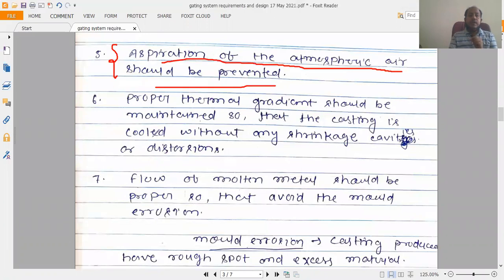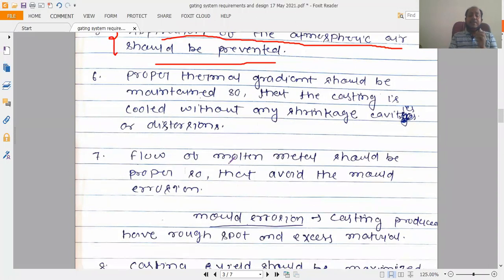The next thing is that a proper thermal gradient should be maintained, so that the casting cools without any shrinkage, cavity or distortion. For every casting, in the drag part and cope part, the thermal gradient should be very smooth. The thermal gradient means the heat transfer should be proper.